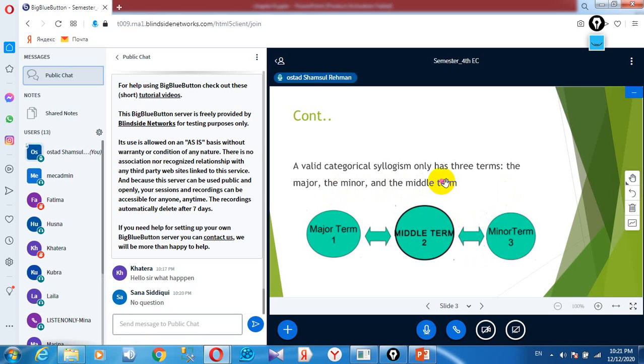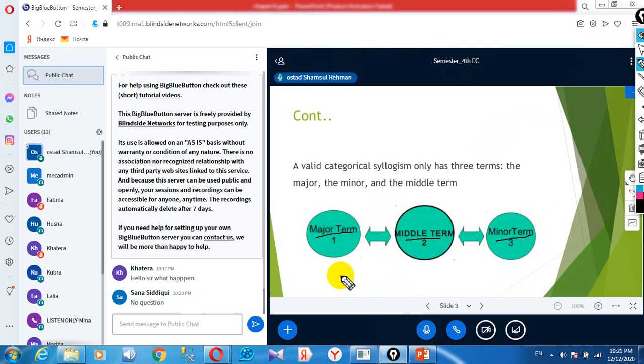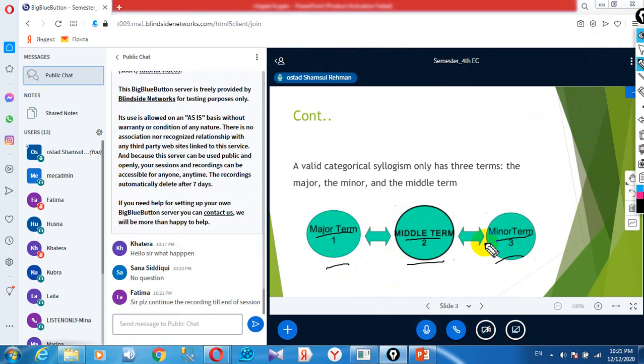So what is the major term, what is the middle term, and what is the minor term?